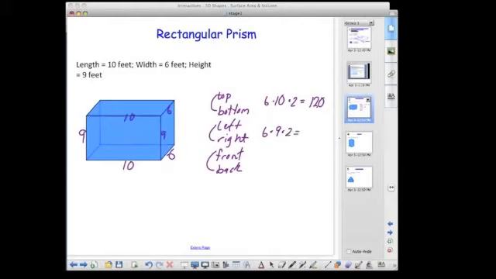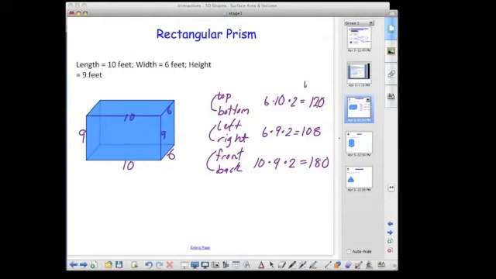That will bring me to 6 times 9, 54 times 2 would be 108. And lastly, the front and the back, I have a surface of 10 times a surface of a length of 9 times 2 to account for both surfaces, and that will equal 180.